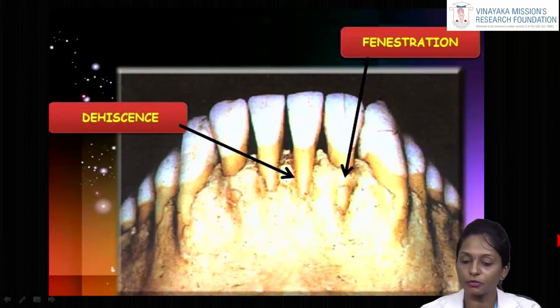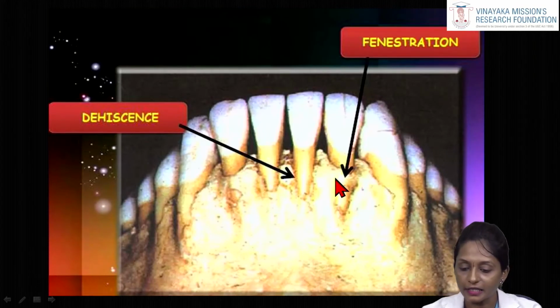So let me explain in the next picture. You can clearly see in this picture, this particular tooth, that is your 3-2, has a fenestration where your marginal bone is intact, right, and this tooth root is exposed, denuded of bony surface.